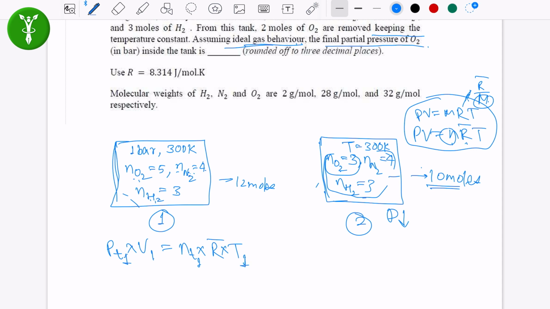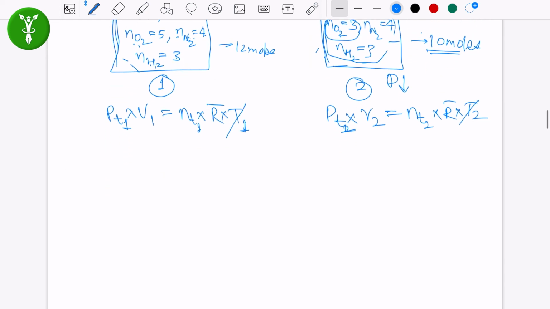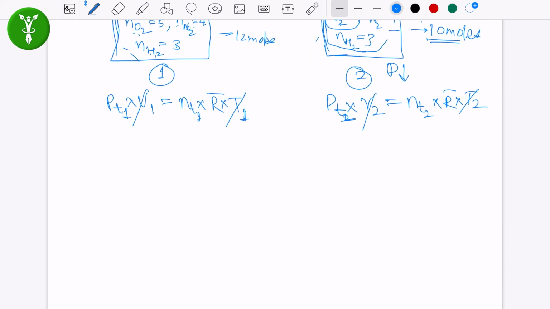Now at the second stage, I write P_T2, the total pressure at stage 2, into V2 equals the total moles at stage 2, N_T2, R bar T2. Now see, T1 and T2 are the same. If we divide these two, this will cancel out, and a rigid tank is mentioned, so V1 and V2 will be the same.